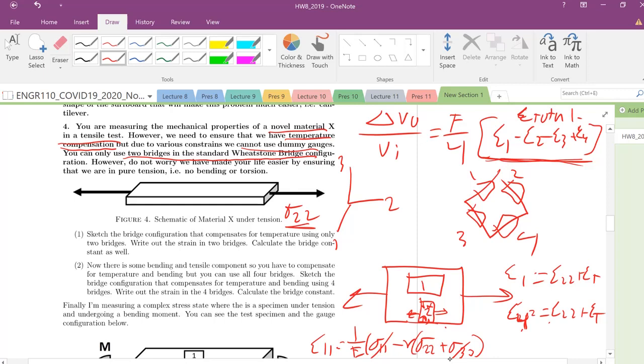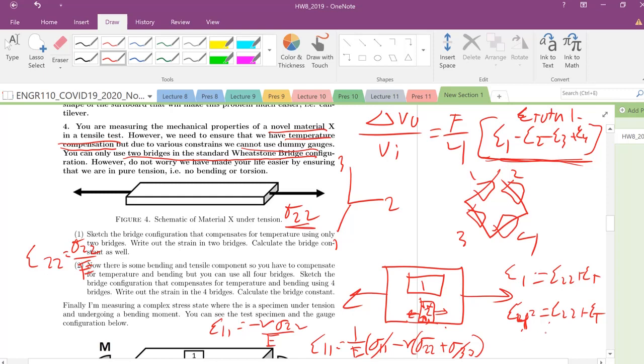So you can rewrite this again. Your strain in 1 is equal to minus nu sigma 22 over E. But we know previously that our strain in 22 is equal to just our sigma 22 over E. So you can rewrite this again, depending on what you're given.